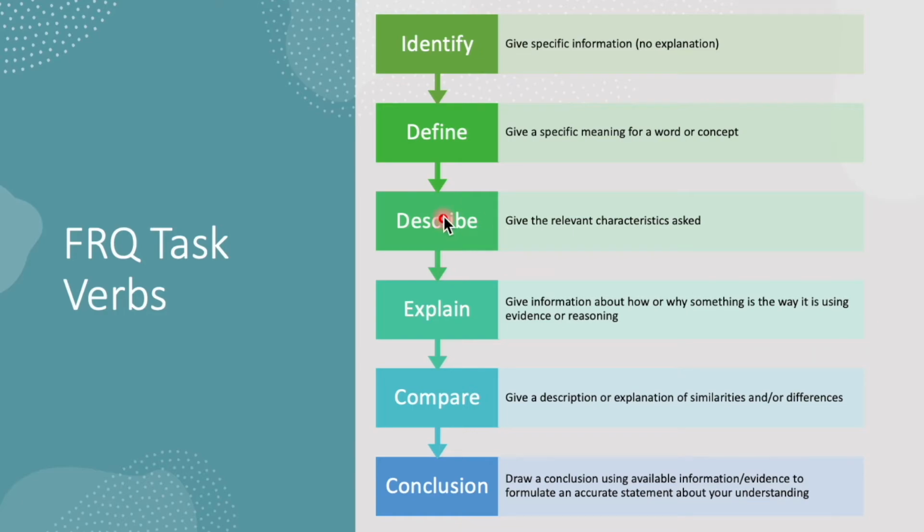You might also be asked to define a certain concept, which means you need to tell us what the word or concept means. So when asked to define power or authority, you write that power and authority is the ability to control others.